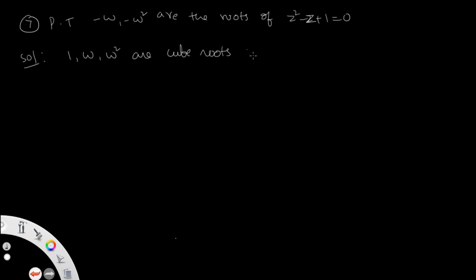Cube roots of unity. Then we can write omega as minus 1 plus root 3i by 2 and omega square value as minus 1 minus root 3i by 2. This is the given.